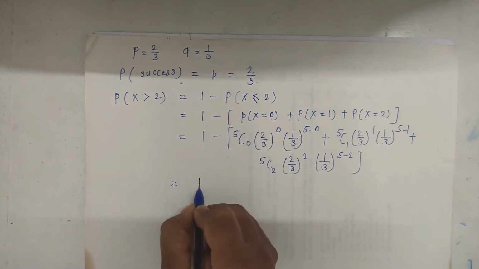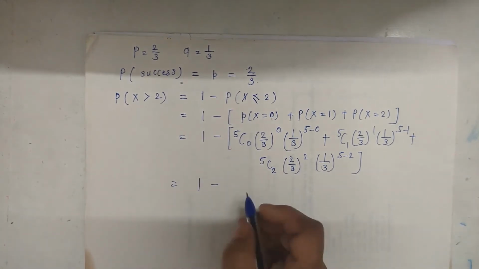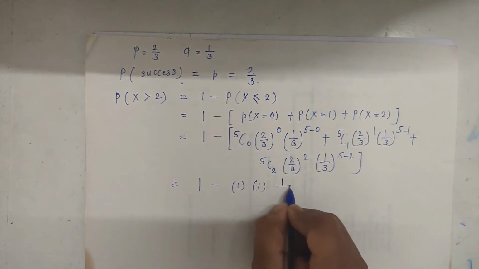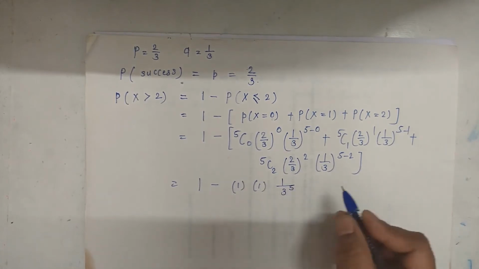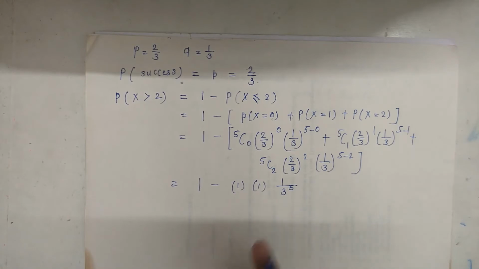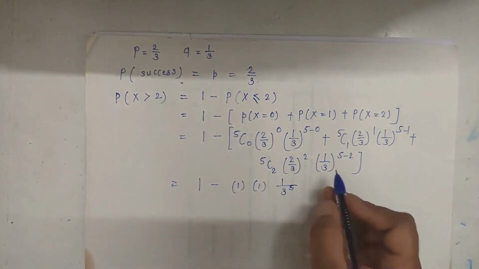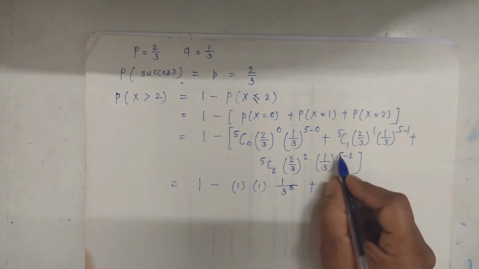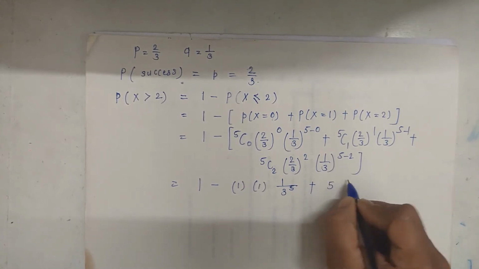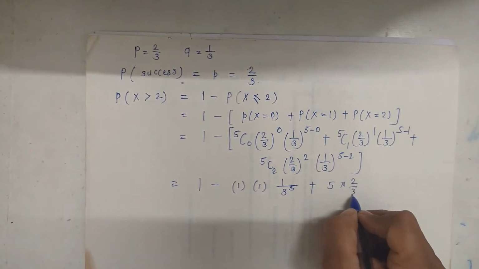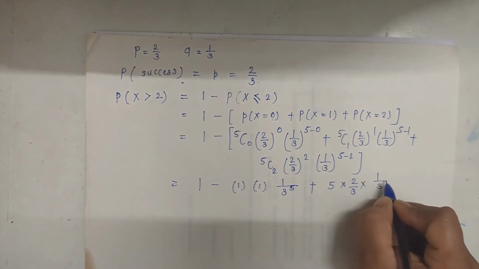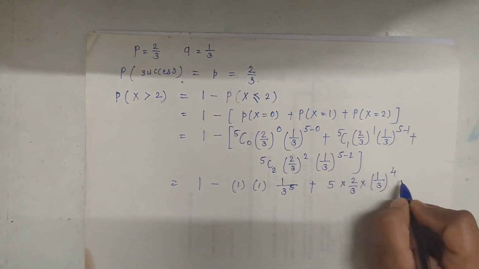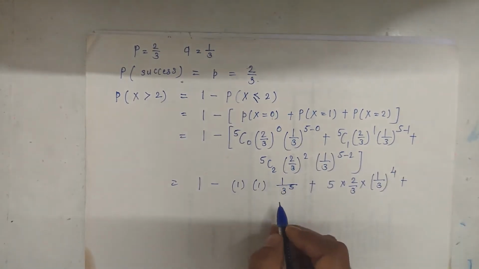Now calculating this, 5c0 the value is 1, (2 by 3) raised to 0 is 1, so (1 by 3) raised to 5. By separating the indices we get (1 by 3) raised to 5 plus 5c1. Here the value of 5c1 is 5, into 2 by 3 into (1 by 3) raised to 5 minus 1, that is 4, plus 5c2.